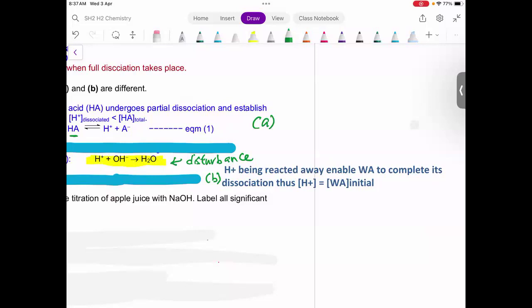Anyone of you who wants to volunteer to explain your thinking process for the titration curve? Anyone? Then I just hand the whole tablet to you.